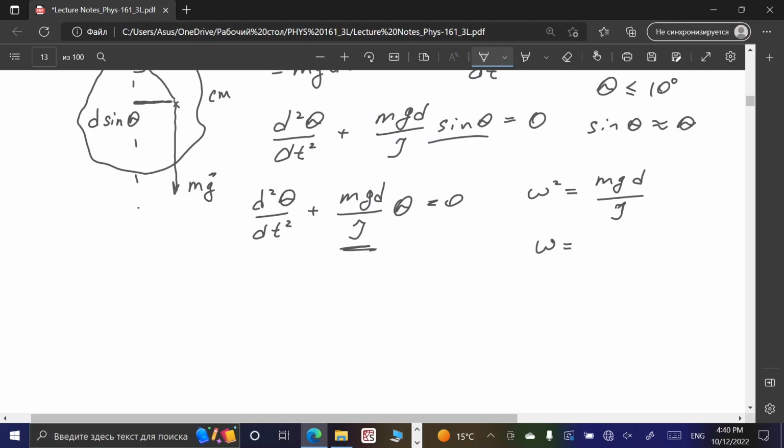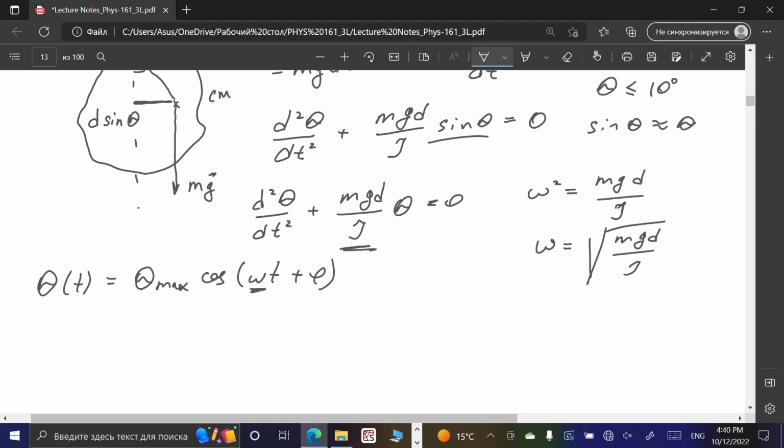And obviously, theta as a function of time will be theta maximum times cosine of omega t plus phi. In this case, omega is defined as the square root of mass times g times d over I.